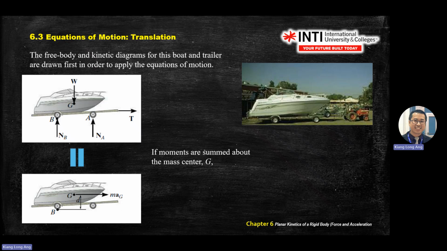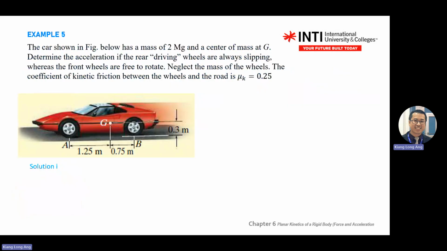But here, chapter 6 forces you to go to the center of gravity. Okay, so I go to example 5, then we call it a day. You look very familiar. This one is a chapter 2 question, but it gives you the G center of gravity there. So you can still solve it.